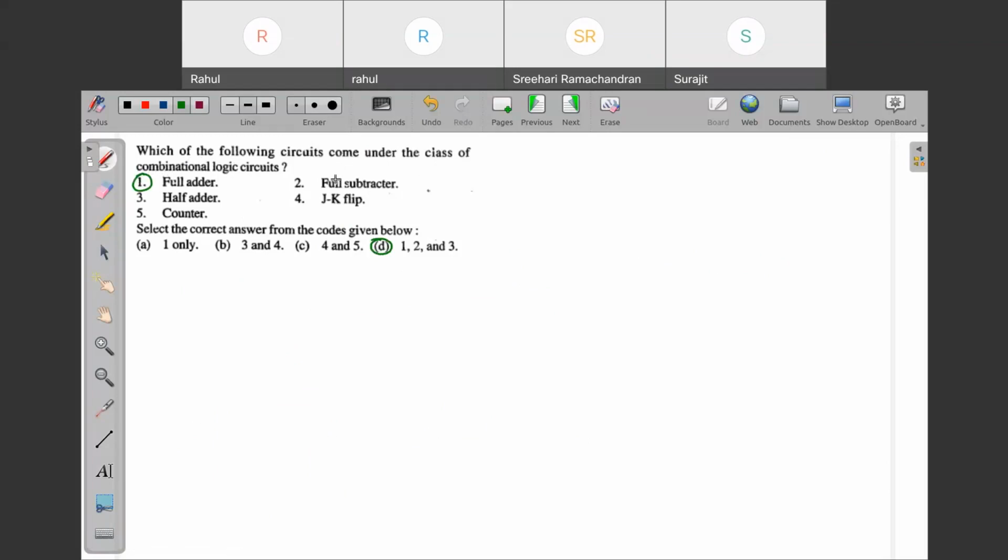Full adder is a combinational circuit. Full subtractor is a combinational circuit. Half adder is a combinational circuit. JK flip flop and counters we haven't studied at the moment, they are basically sequential circuits. In the next chapter we are going to see them. So option D is your correct answer.